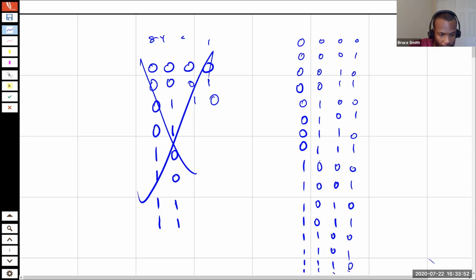I'll have to clean this up down here at the bottom. So let's see, 1, 2, 3, 4, 5, 6, 7, 8. 1, 2, 3, 4, 1, 2, 3, 4, 1, 2, 3, 4, and then 3, 4.